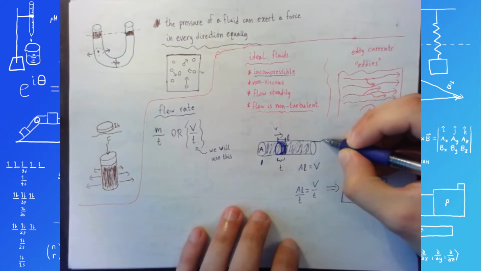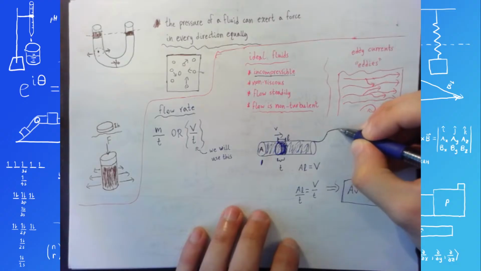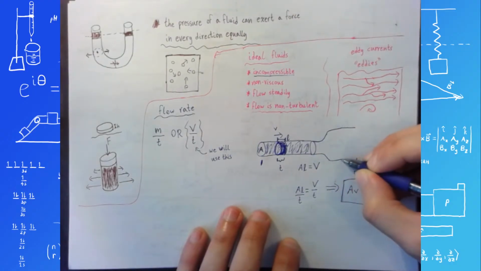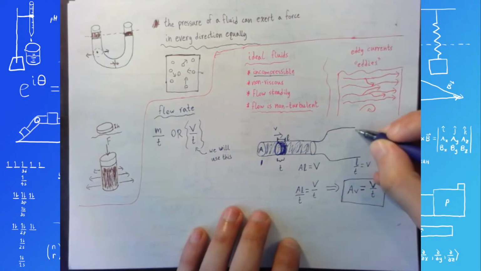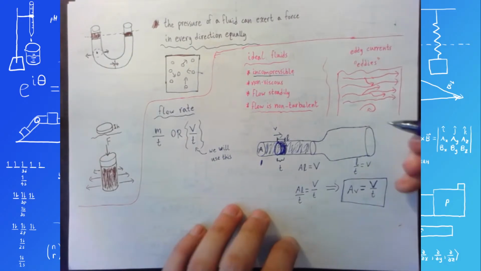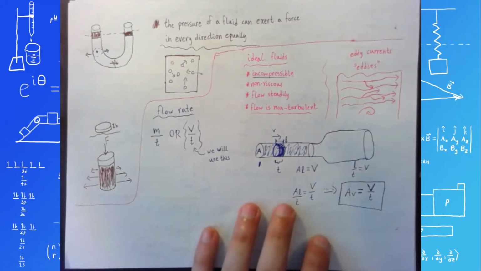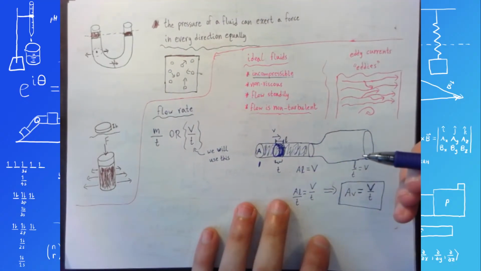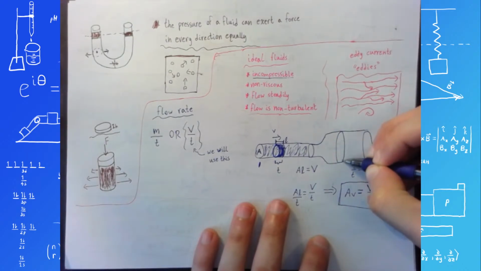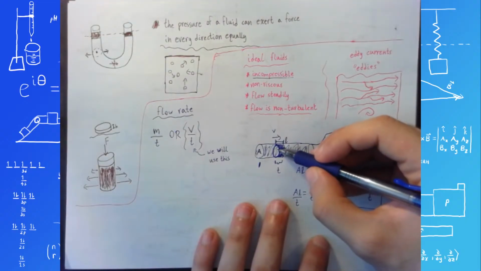So if I were to move into a wider pipe, like this, if the pipe widens at some point, well, the volume per second moving through here has to be the same as it was over here.